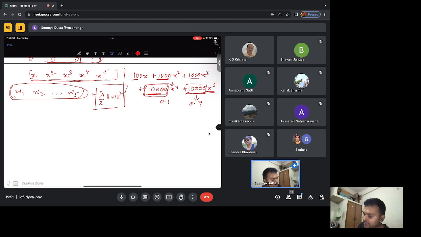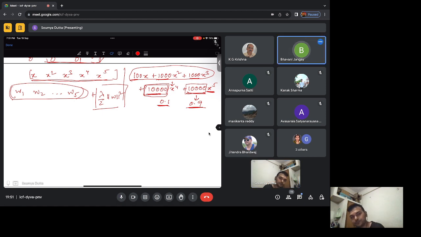So suppose by regularization you have brought this down to 0.1 and this down to 0.9. Then can you say that your model is more or less a 3 degree polynomial? Has your hypothesis space become simpler to learn? Yes, so this is regularization, right?